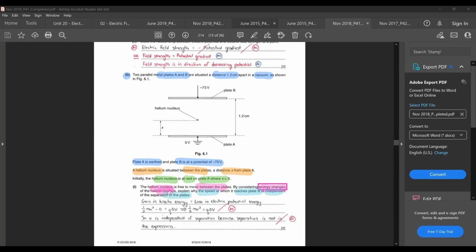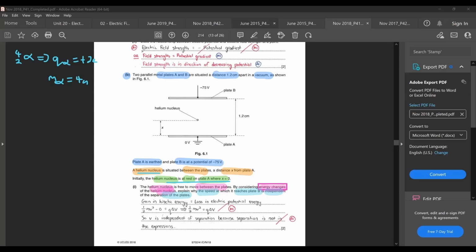Okay. So let's consider now that you have a helium nucleus. You place it at rest on plate A where x is 0. Your helium nucleus is alpha 4 2 with a charge of plus 2e and a mass of 4u.